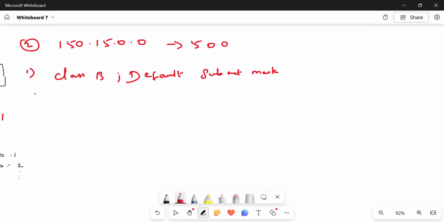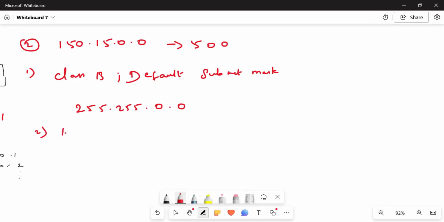In class B we have two bytes of network ID and two bytes of host ID. So that means 255.255.0.0. Now we need to convert this into binary format.